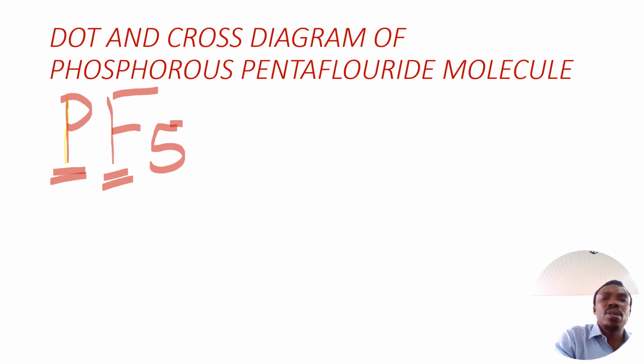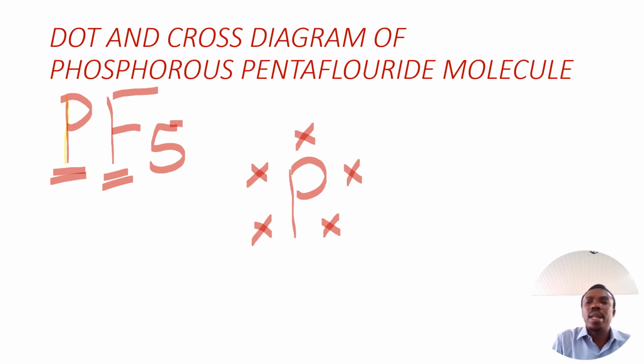If we are to use the dot and cross diagram, phosphorus has 5 electrons in its outermost shell. So we're going to use cross to represent phosphorus, which is 1, 2, 3, 4, 5. Then it's going to share electrons with fluorine. Each atom of fluorine contains 7 electrons in its outermost shell.